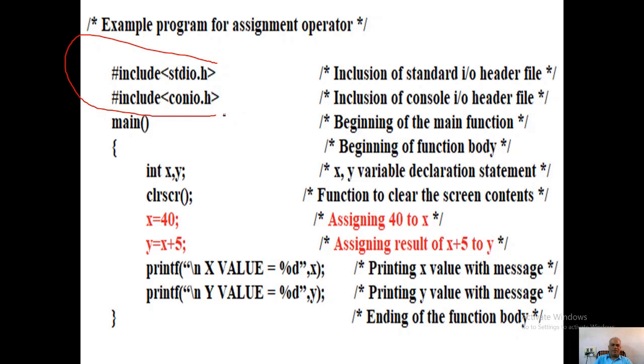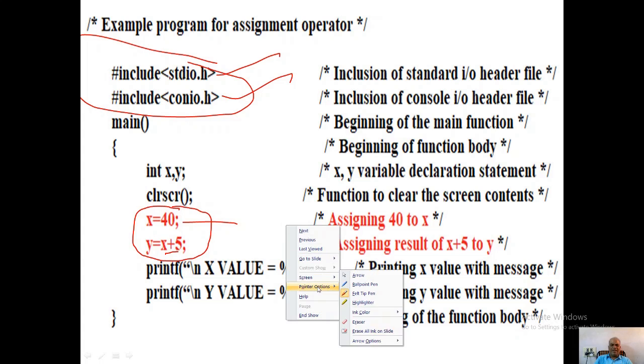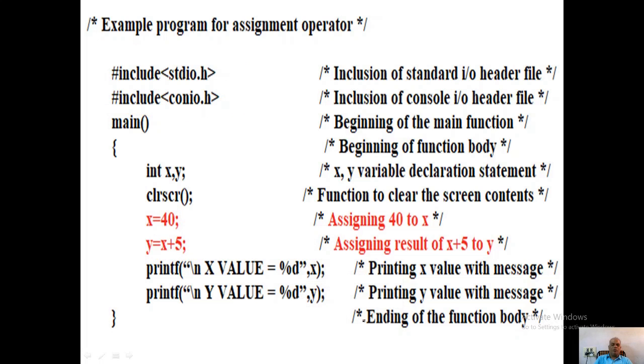These two are the header files related to input output functions. Here x equal to 40, y equal to x plus 5. That means in x equal to 40, 40 is assigned to x, and x plus 5 is assigned to y. So equal to is known as the assignment operator.